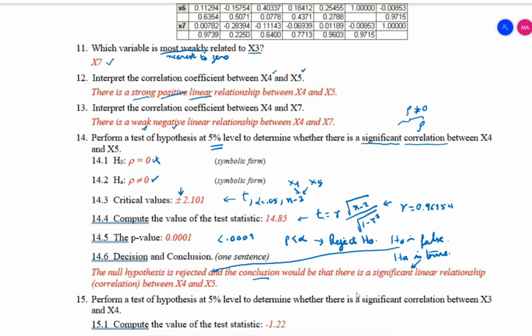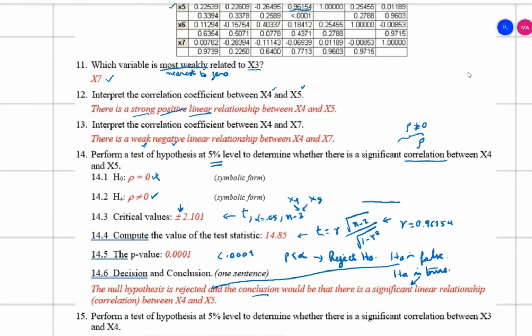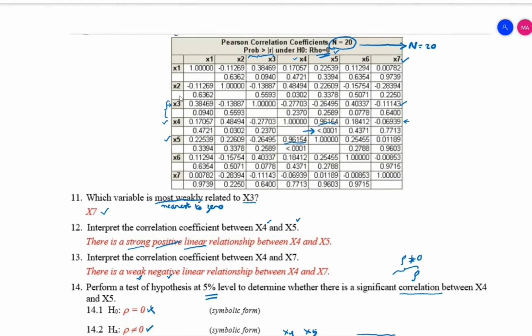Next, 15 is also the same. H3 and H4. The correlation value is negative, negative 0.27703.